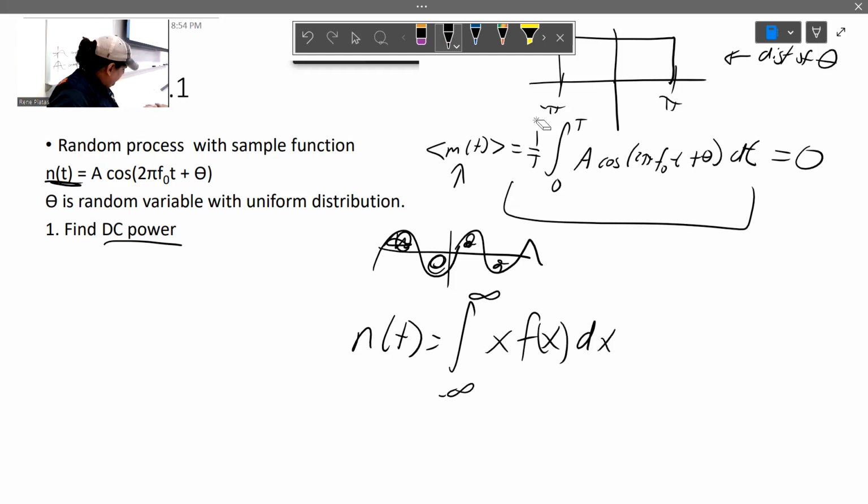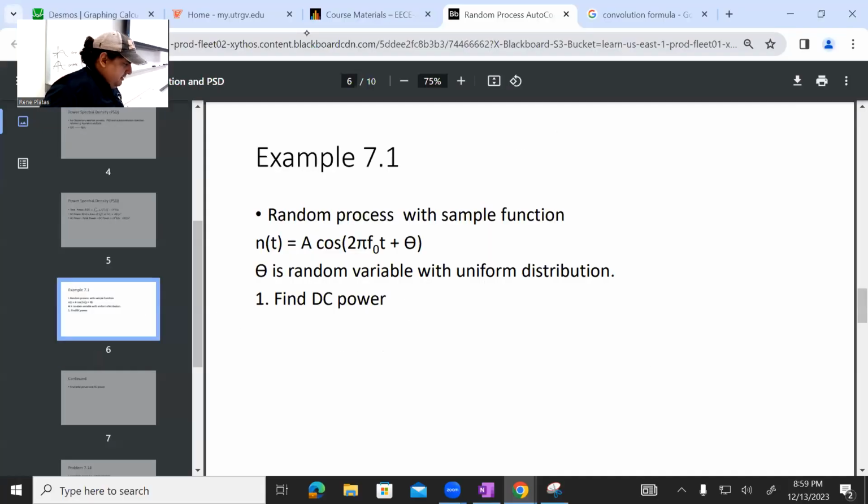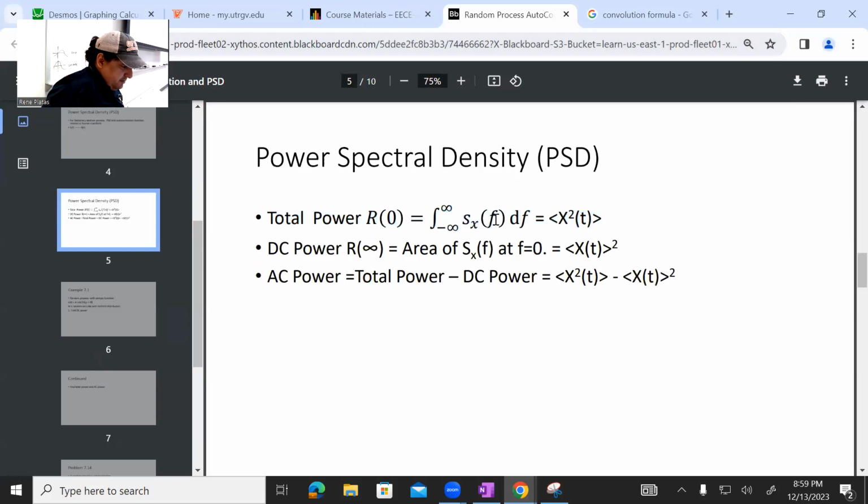Where do we get that formula from already? I don't know. Oh, I guess that's the total power formula. Yeah, that was the first formula from the power spectral density functions, aka this one right here.